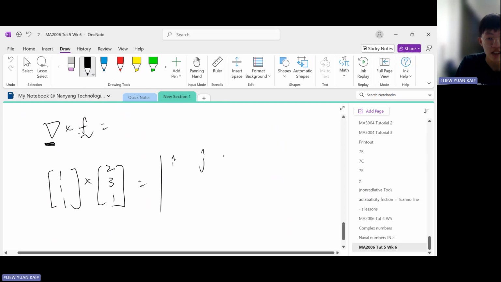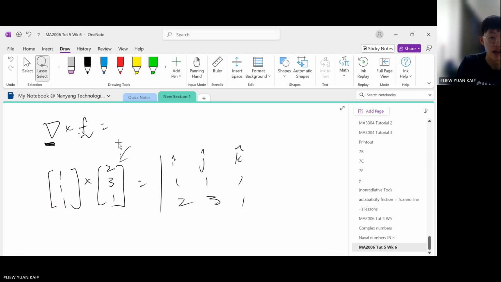So i, j, k, then the first row contains the entries of the first column vector, 1, 1, 1. The next row contains the entries of the second vector, so 2, 3, 1, like that. And then you will find the determinant of this thing, using the crisscross method that I covered last week. So go ahead and check the tutorial if you need to.